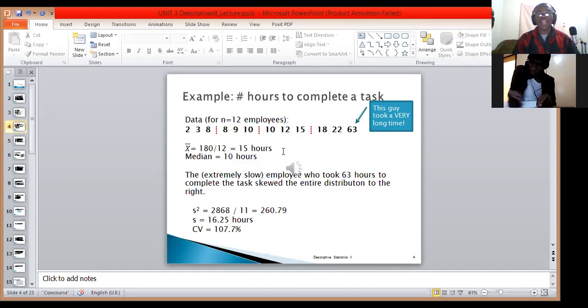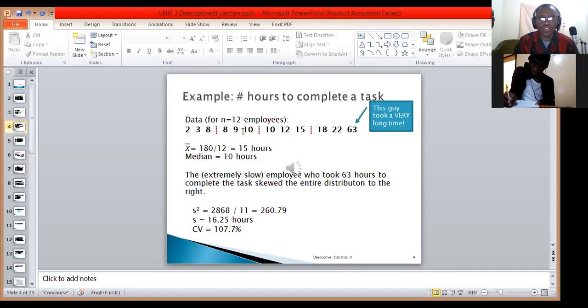So let's find our median. Since the number of measurements in our data distribution is even, we need to pick the two measurements at the center, add them together and divide by 2. Since we have 12 measurements, we count 1, 2, 3, 4, 5 from the left, and 1, 2, 3, 4, 5 from the far right.